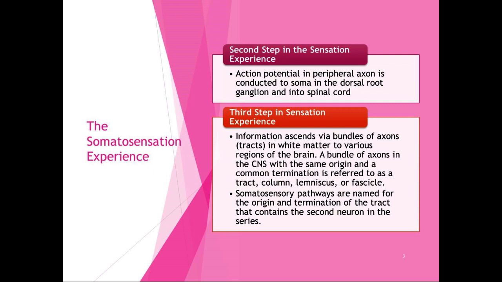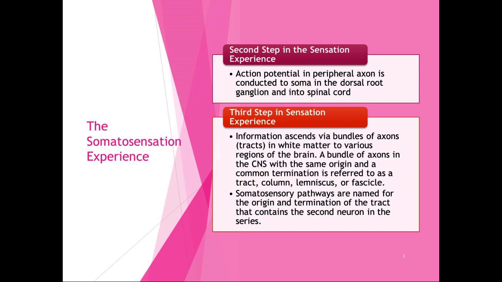Another name for a tract is a column, a lemniscus, or a fascicle. We talked about fascicles in muscles way back when, probably in kinesiology, as being bundles of muscle fibers, while a nerve fascicle is bundles of nerve fibers. So basically, it's a bundle of axons in the white matter with the same origin and a common termination.